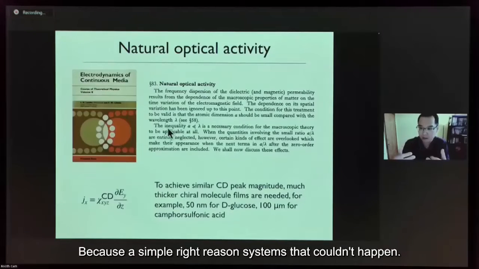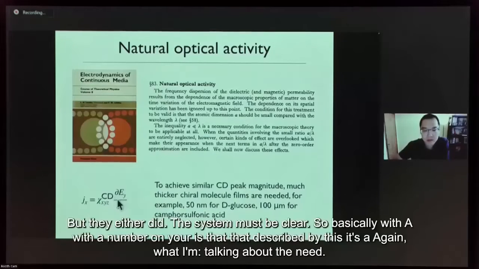circular dichroism in time reversal invariant systems can happen, but then the system must be chiral. So basically, what Landau argued is that this circular dichroism is described by a phenomenon like chi xyz, proportional to partial E_y over partial z.